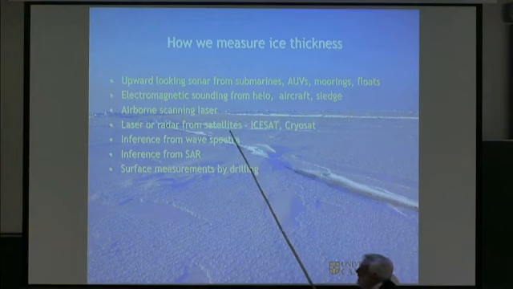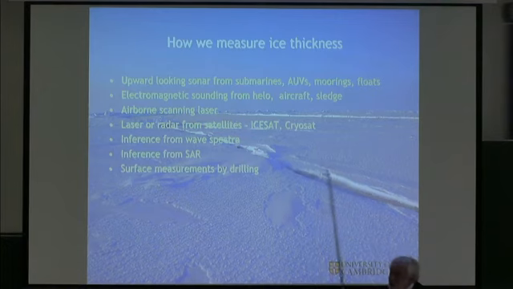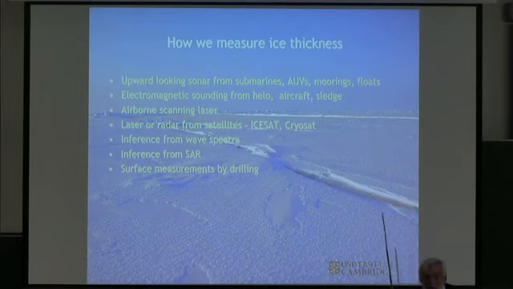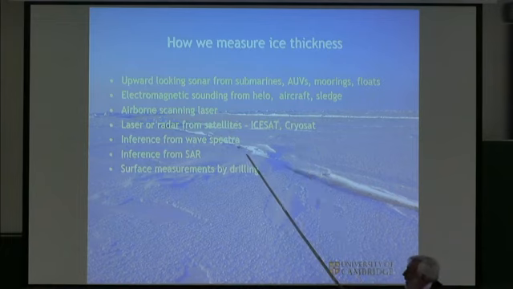Then laser or radar satellites, just mentioning those, that there's the former ICESat and the future ICESat, which uses a laser. CryoSat uses radar, and they're measuring freeboard, so we have the same problem of turning freeboard into thickness. They're measuring over a large footprint as well.